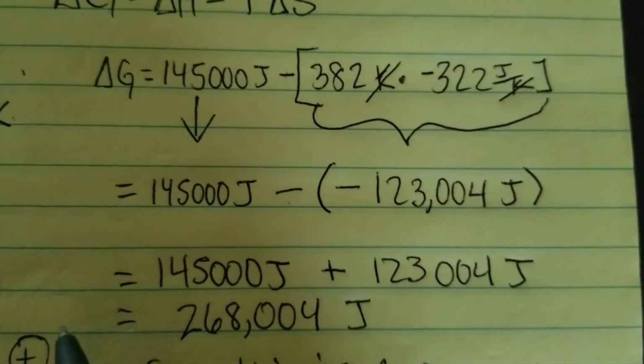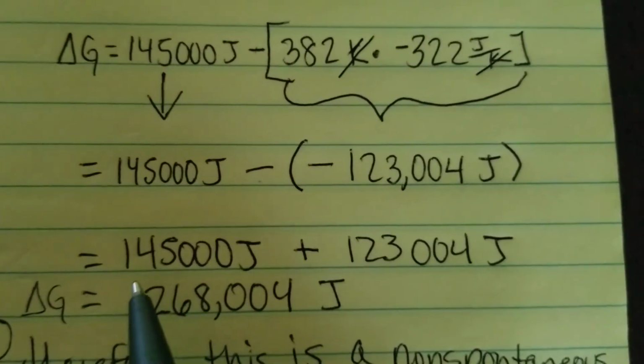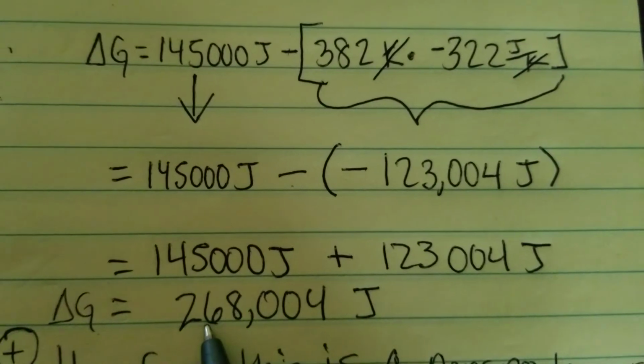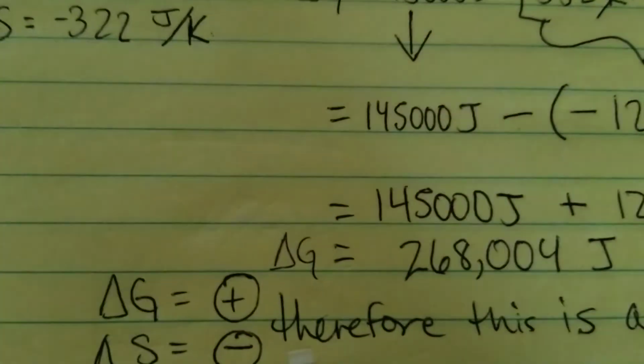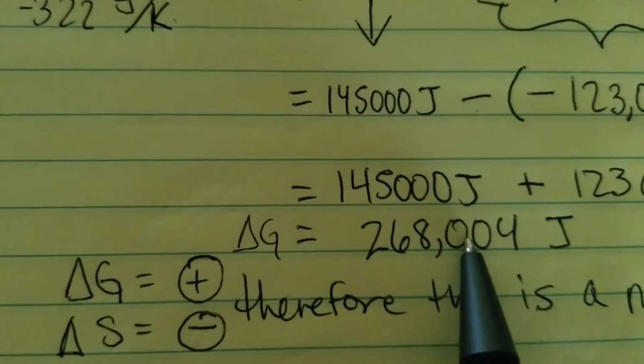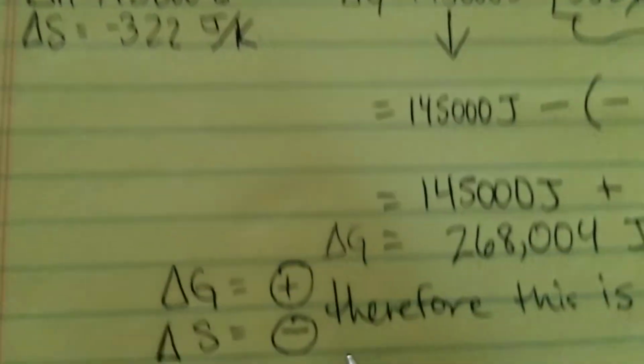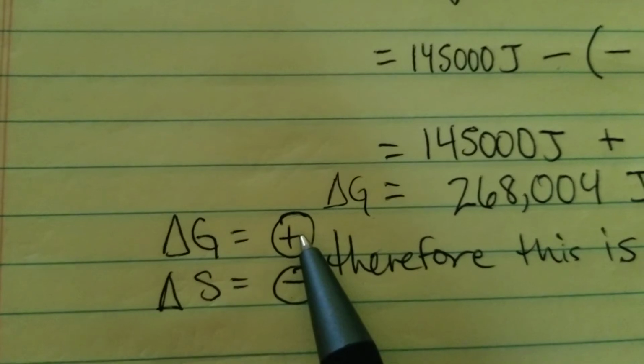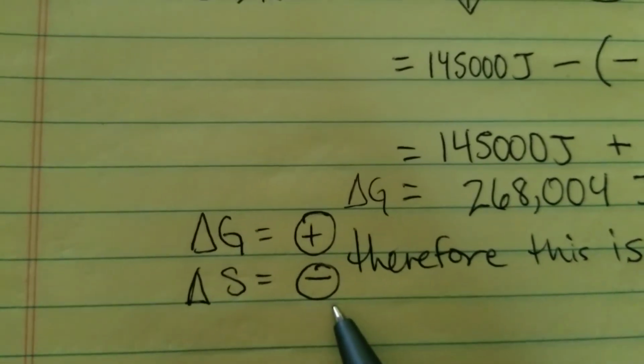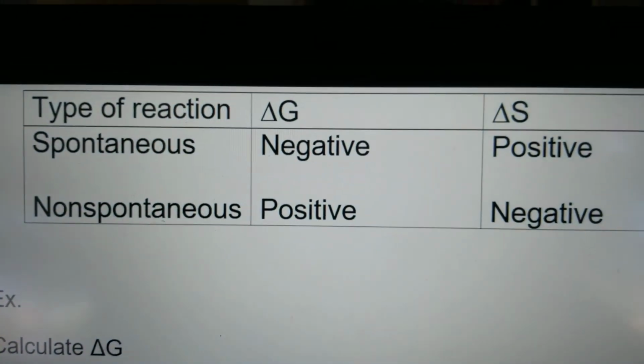So you calculated delta G. It's a positive value. The delta G you just calculated is positive. The delta S that was given in the problem is negative. So positive delta G, negative delta S, you go to your table.